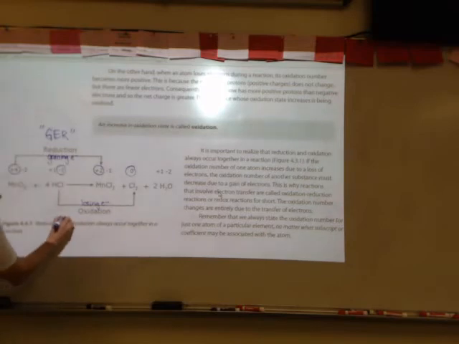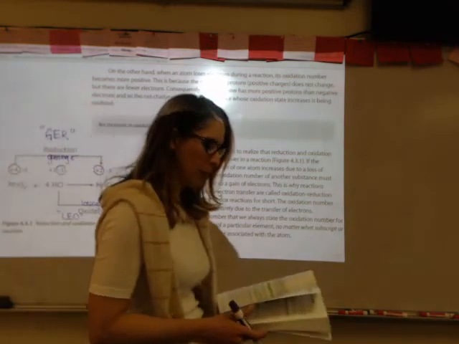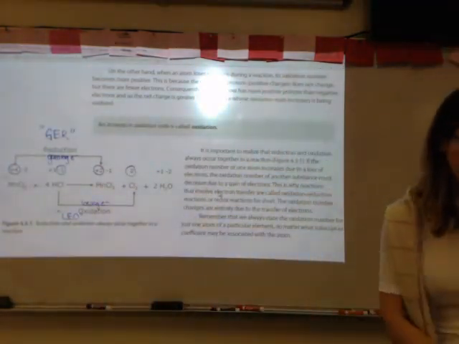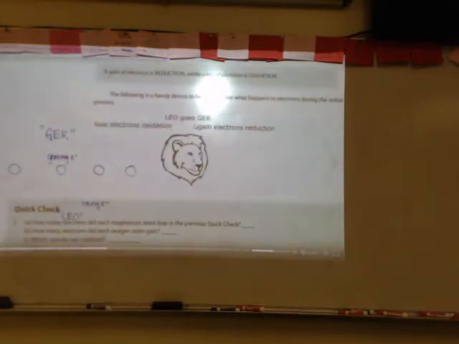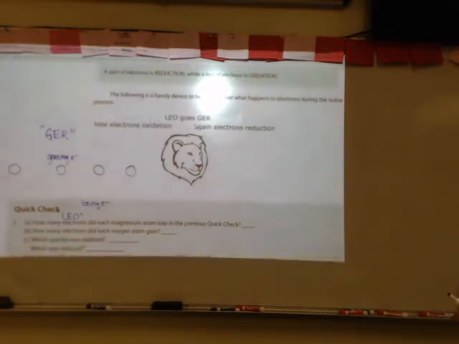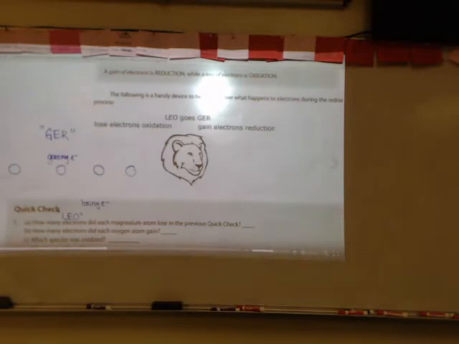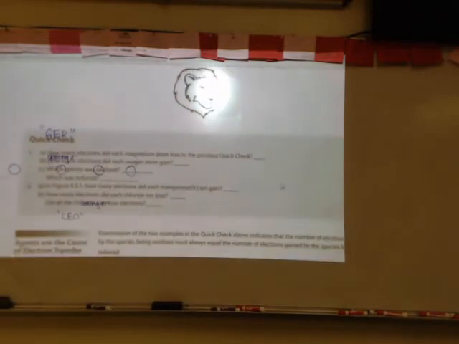Now, this is often abbreviated with the letters LEO. So loss of electrons is oxidation. This mnemonic is given on the next page here. LEO goes GER. It is often said as Leo the lion goes grr. So loss of electrons is oxidation. Gain of electrons is reduction.